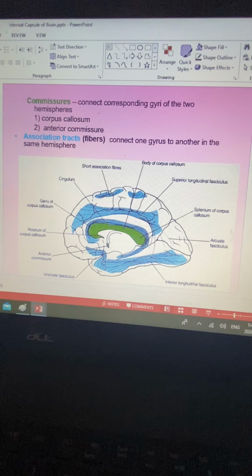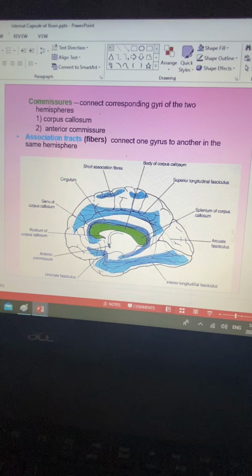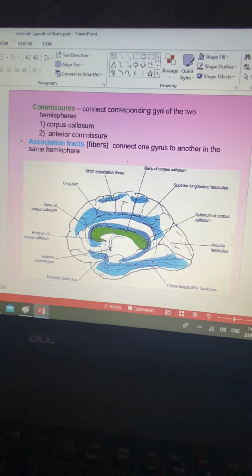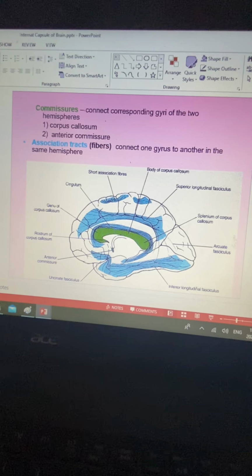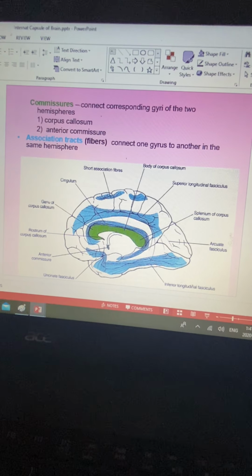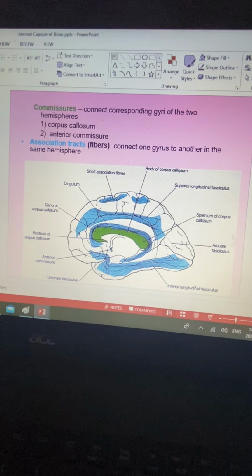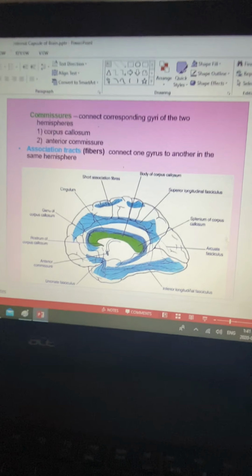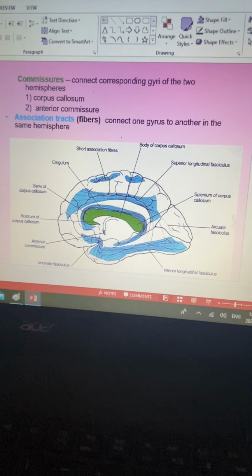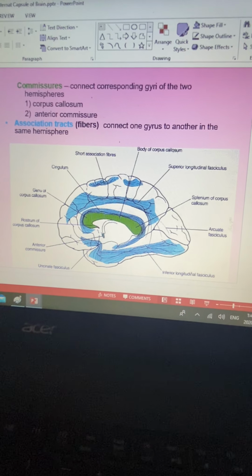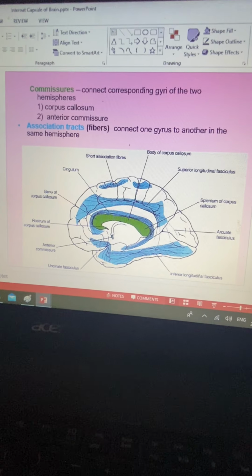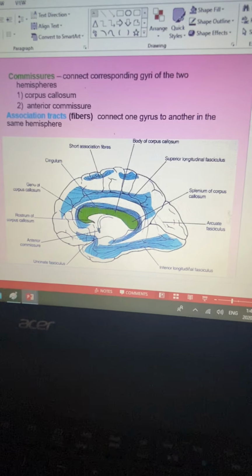The superior longitudinal fasciculus connects the frontal lobe to the occipital and temporal lobes. Look at their extent. Then you have the inferior longitudinal fasciculus, connecting the occipital and temporal lobes. Then number 5, the fronto-occipital fasciculus, seen on the medial surface.